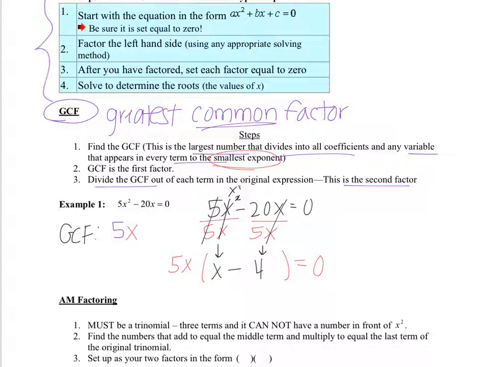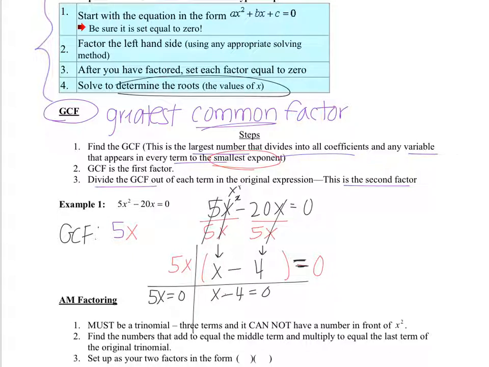Now the last part is to actually solve it to determine the roots. So what I do is something that I like to call the t-chart. Because the entire equation is equal to 0, we have to set each factor equal to 0. So then you solve it for x. In this case, I divide by 5. So I get x equals, well, 0 divided by 5 is just 0.